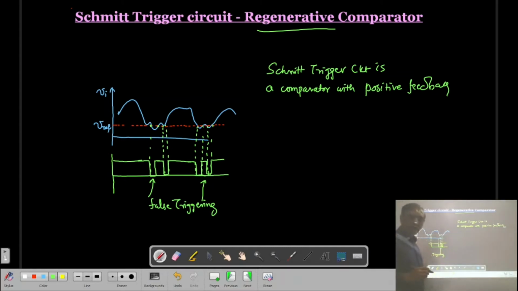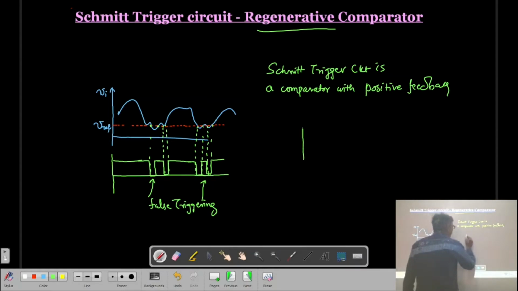Now look at this circuit. If you remember the circuit for an inverting or a non-inverting amplifier, here I am going to draw a circuit for a non-inverting amplifier. Here we have the operational amplifier. This is my input voltage.